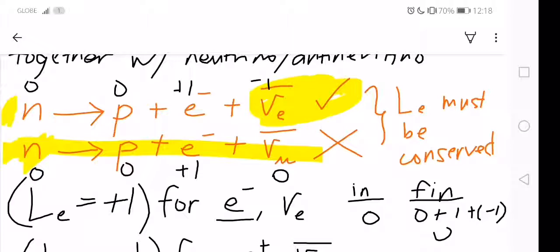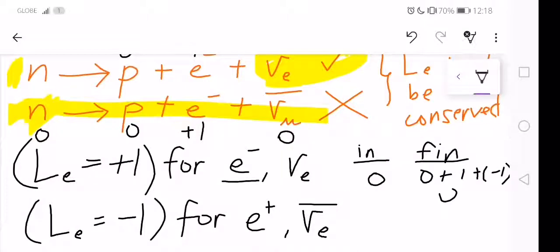So in the second reaction, the initial is 0, and in the final state, we have 0 for the proton, plus 1 for the electron, and 0 for the muon antineutrino. So in the second interaction, the electron lepton number is not conserved.